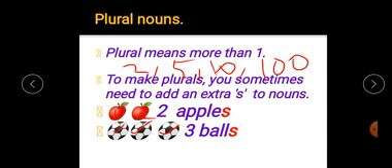So an extra S has been added to it. So also the ball. When it was just one, we said one ball. But now that it is 1, 2, 3, we say balls. Can you see the extra S? So to make plurals, you sometimes need to add an extra S.